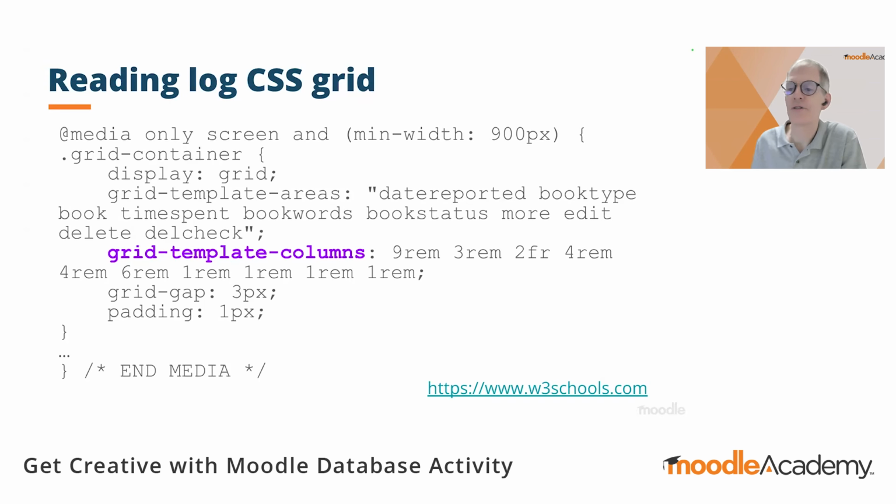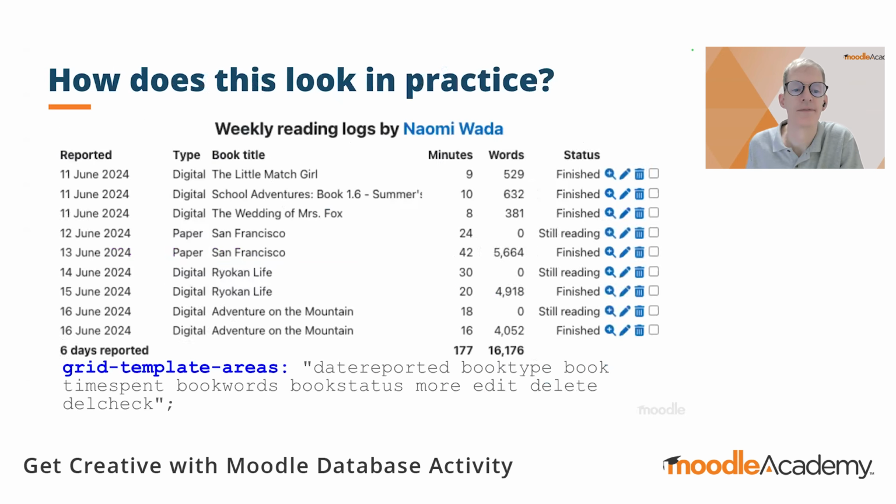Okay. How does this look in practice? Here is an example of the list view displaying. At the bottom of the screen here, you can see the grid template areas. You can see each field in their grid area, for example, date reported and book type. In this screen above, you see the date reported, 11 June 2024.